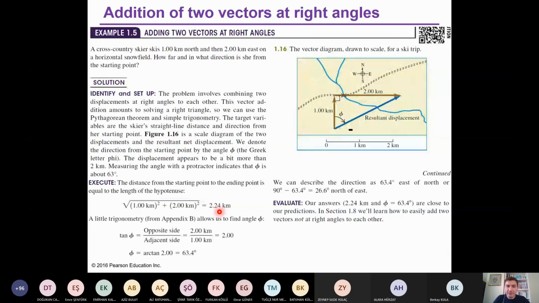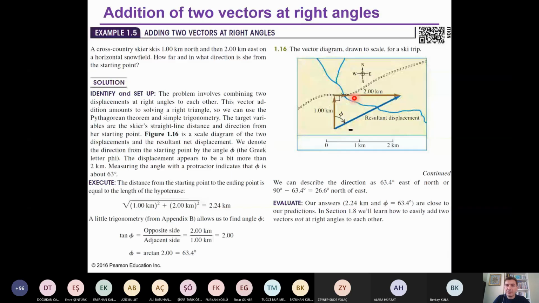So then we can describe the direction of this resultant vector as 63.4 degrees east of north. Okay, so this is the north. So the vector is like this, 63.4 degrees east of north.